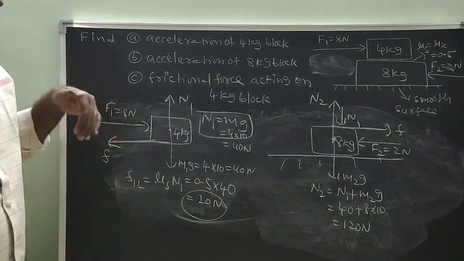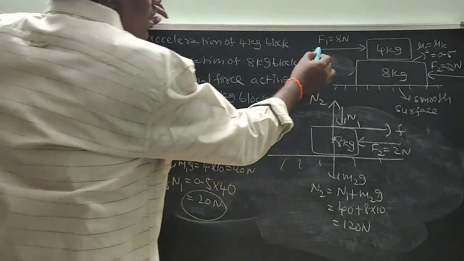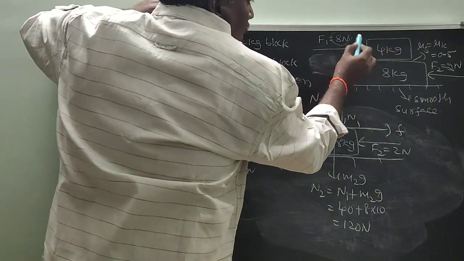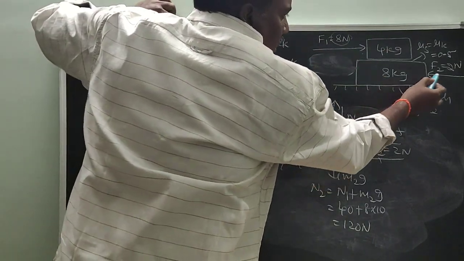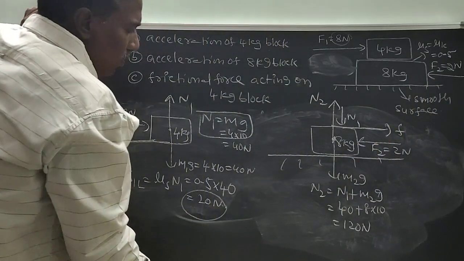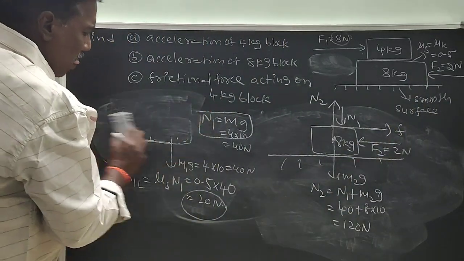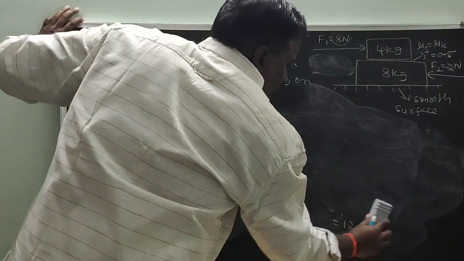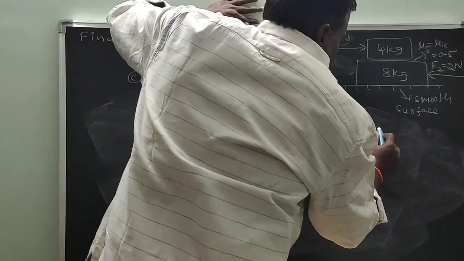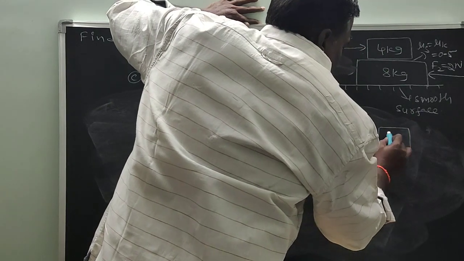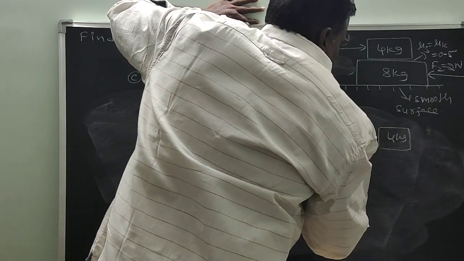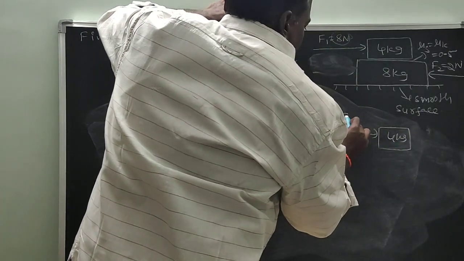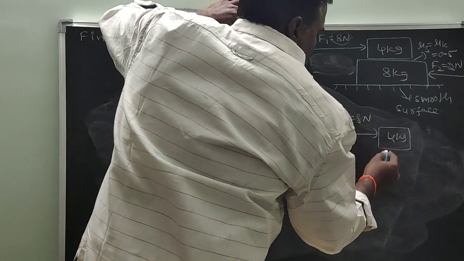In which direction can they move? Here the applied force is 8 Newton on the 4 kg block, and on the 8 kg block it is 2 Newton. Here is a small diagram. This is the 4 kg block, and F1 is equal to 8 Newton.